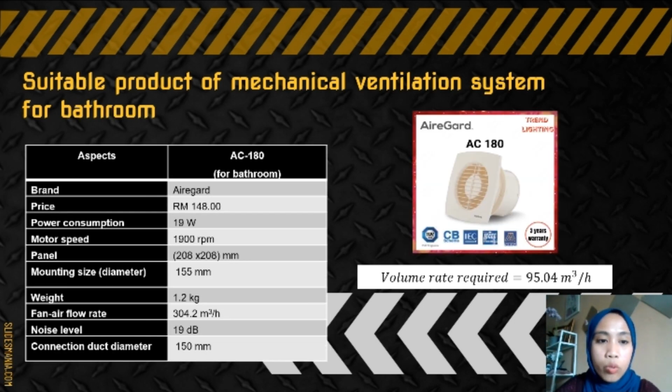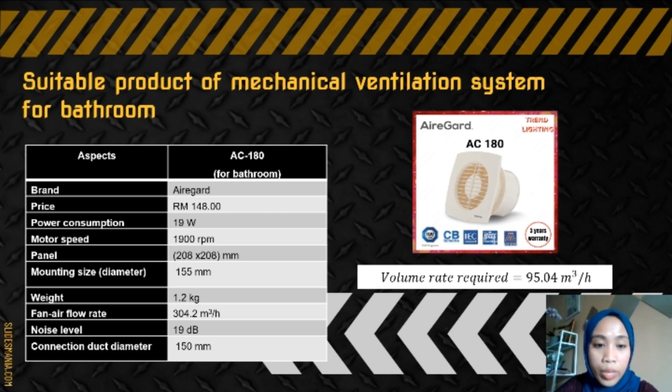Lastly, for the bathroom, we choose the same typical exhaust system from the same brand, Airregard, the AC180. The price is much more economical, at only 148 ringgit, and the power consumption is much lower than the kitchen's, only 19 watt, while the motor speed is higher, at 1900 rpm.